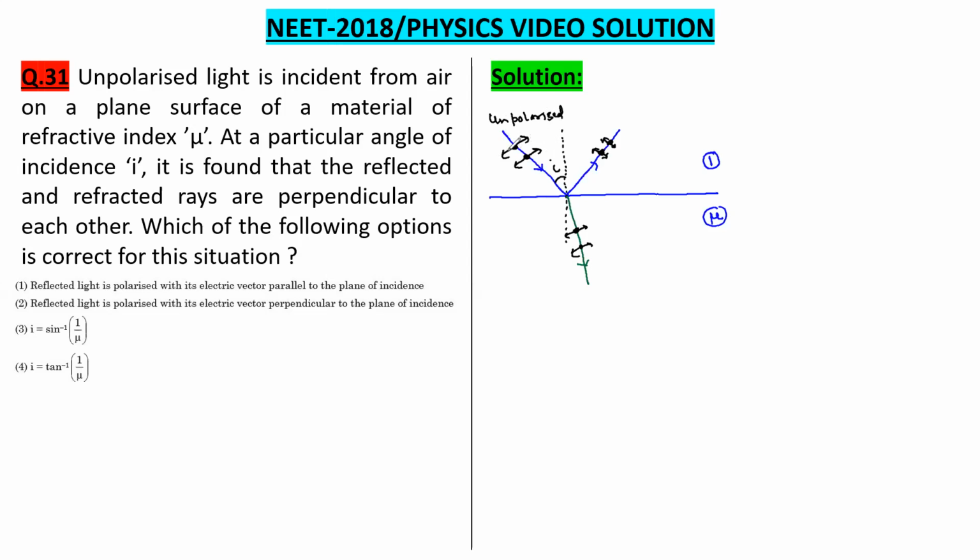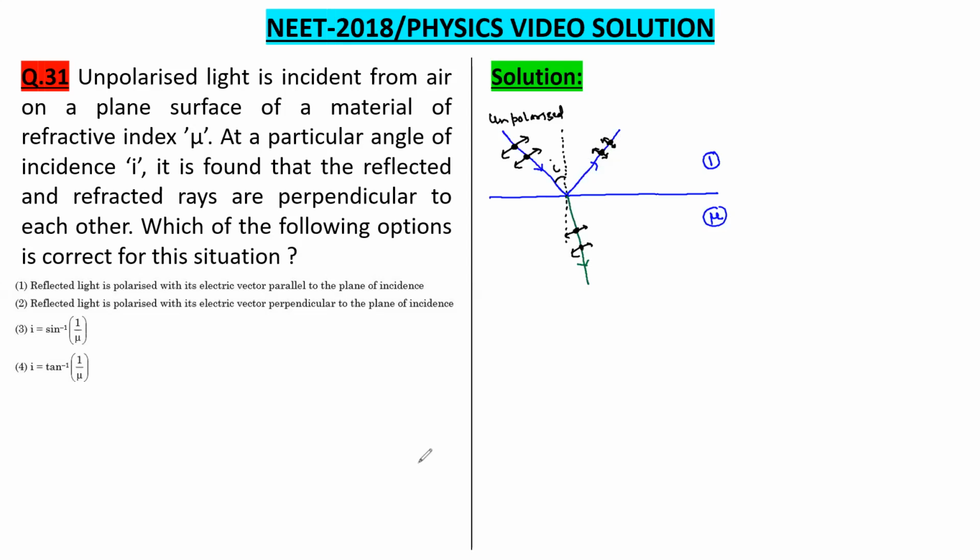The component in the plane of incidence is shown by the double arrow, and the component perpendicular to the plane is shown by the dot. The components of light in the plane are less strongly reflected, so that is shown by the reduced size of these double arrows. And there is no such case in the refracted light.